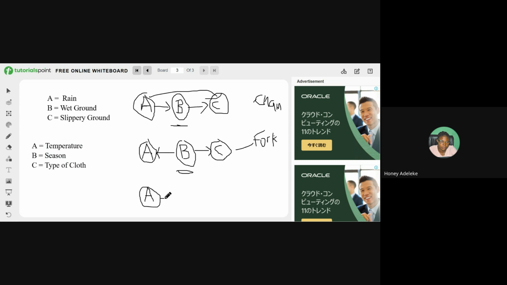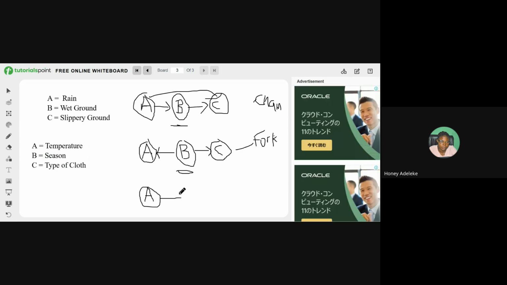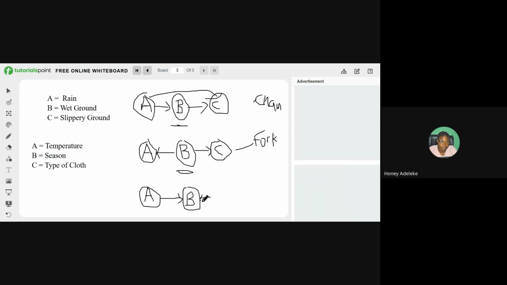You have your node, then you have another node here, something like this.